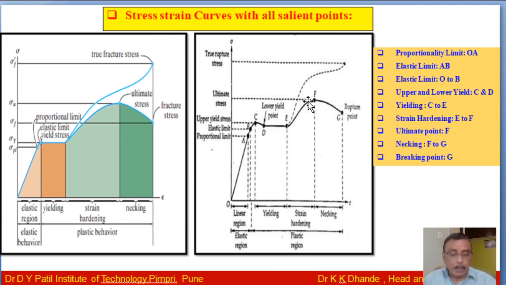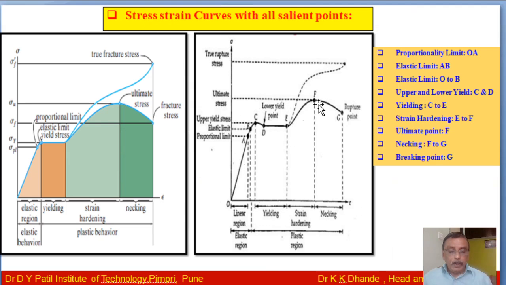This region of the graph from E to F is known as strain hardening, and the maximum stress is reached at the point F. This is the maximum point. F is known as the ultimate stress point, so the stress corresponding to point F is known as the ultimate stress, or you may say the maximum stress.